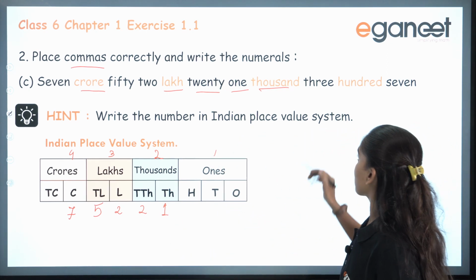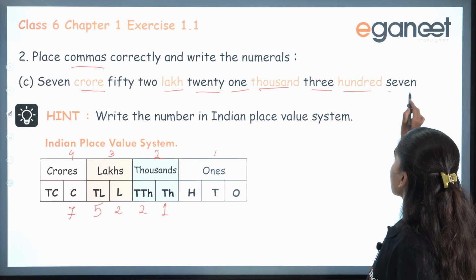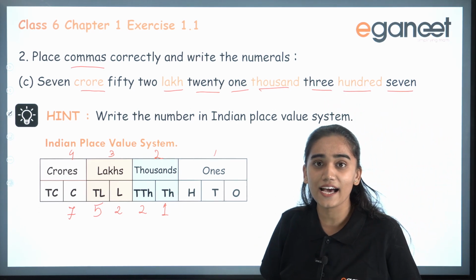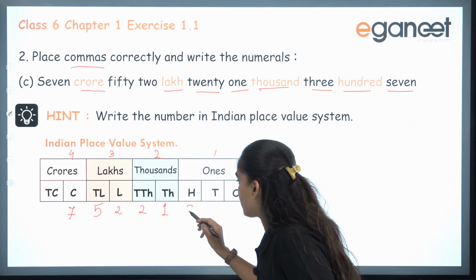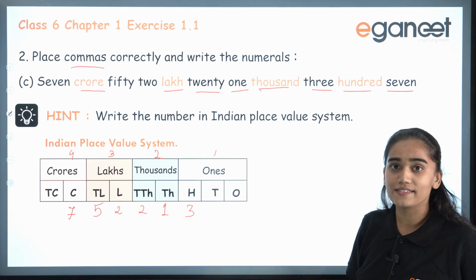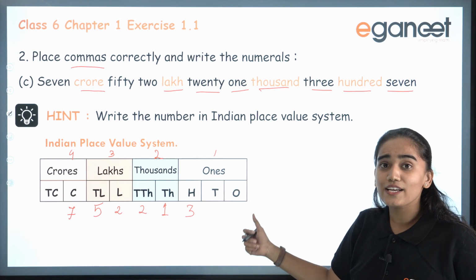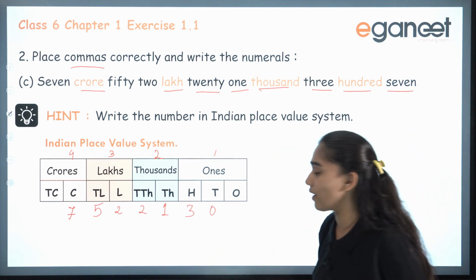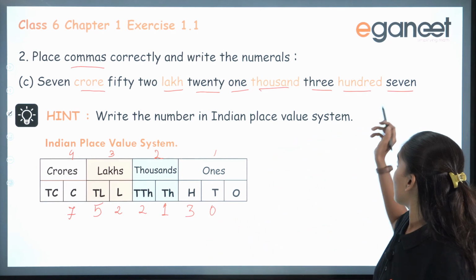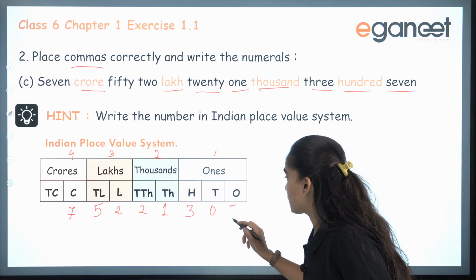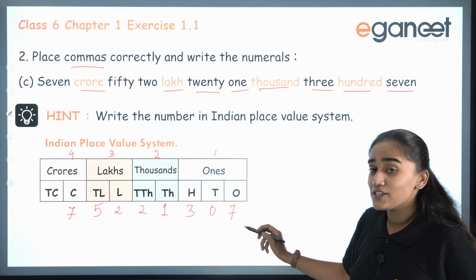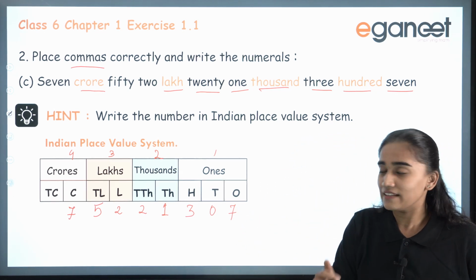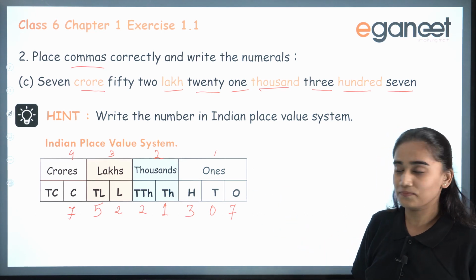Now we are left with 307. How will I write that? 3 should be there at hundreds place, and as there is no number present on tens, we will write 0 at tens place. Then we are left with 7. So the place value of 7 is ones.